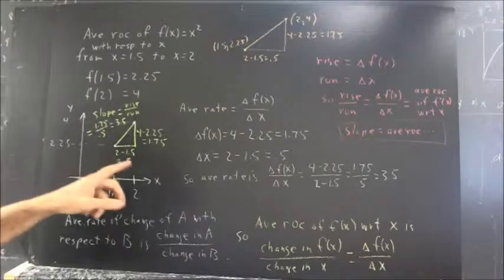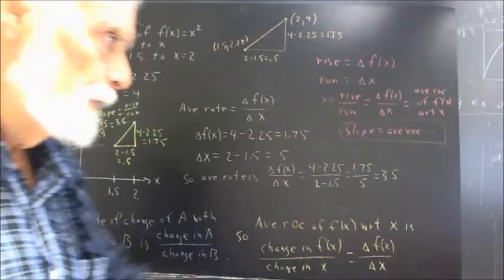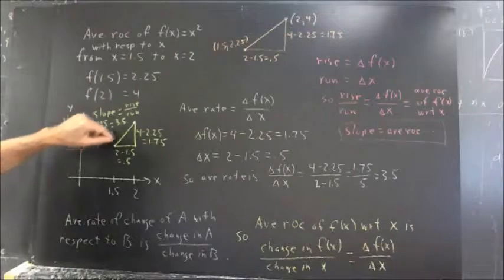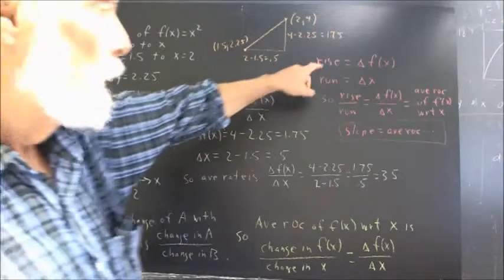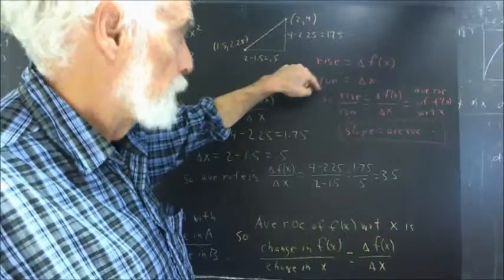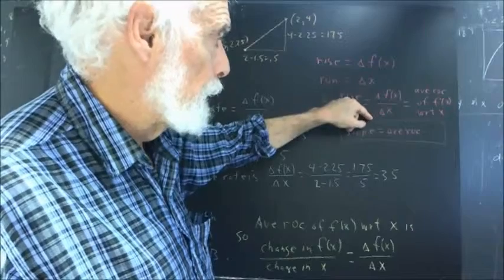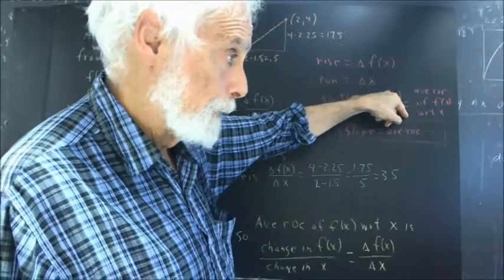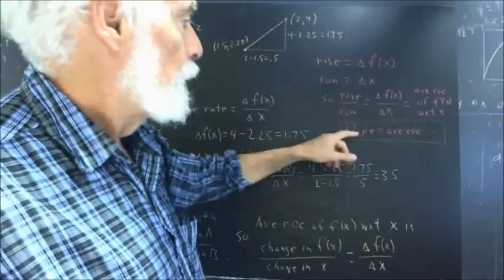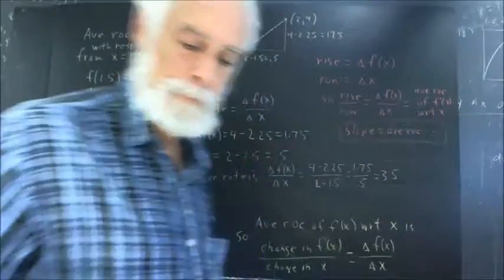So we can identify the calculation of the average rate of change of the function with the calculation of the slope between the 2 points. So we have rise is a change in f of x, run is change in x. So rise over run is change in f of x divided by change in x, which is the average rate of change of f of x with respect to x. So the slope is equal to the average rate of change, etc.